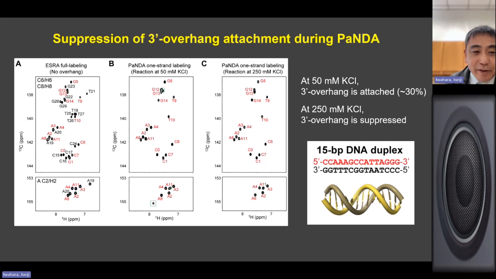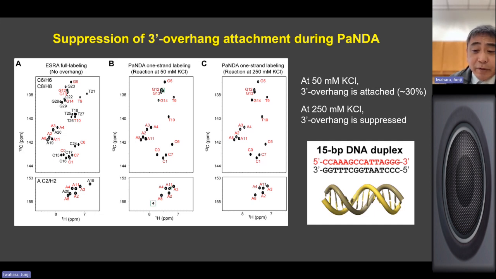Compared to this one, we saw additional peaks like this when we used low salt concentration for the PaNDA reaction. These additional peaks are due to 3' overhang, and the population of such species was about 30%. It's not much, but still, in some experiments, this could be problematic.